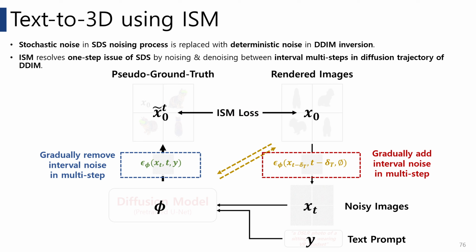To wrap things up, the stochastic noise in the SDS noising process is replaced with deterministic noise in DDIM inversion. And ISM addresses the one-step limitations of SDS by performing noising and denoising across multiple interval steps along the DDIM diffusion trajectory.